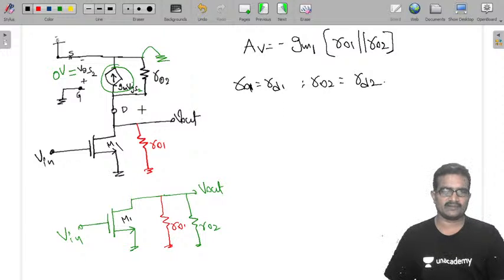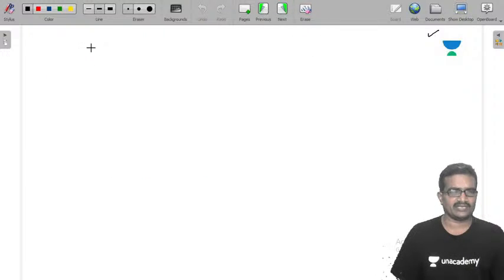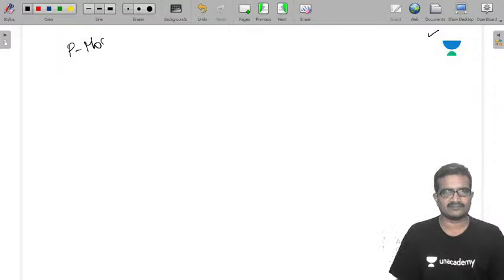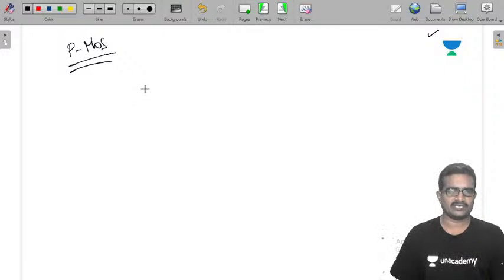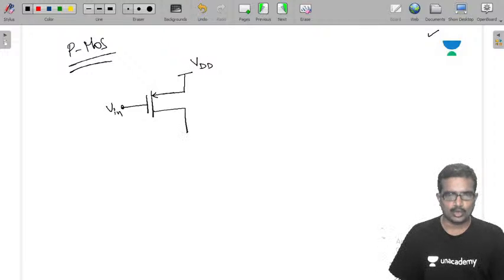This is using N channel E-MOSFET. Now using a P channel device, the circuit is like this. The same thing using PMOS. So here PMOS is the driving device, so the input is applied at PMOS, and the load, the current source, is NMOS.